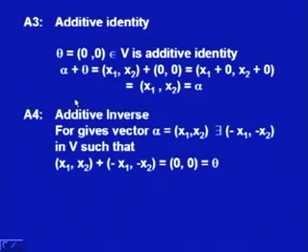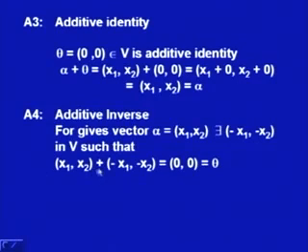The next property is additive inverse. So for given vector alpha, (x1, x2), there exists (minus x1, minus x2) in V, such that (x1, x2) plus (minus x1, minus x2) is equal to (0, 0), and this is nothing but theta.